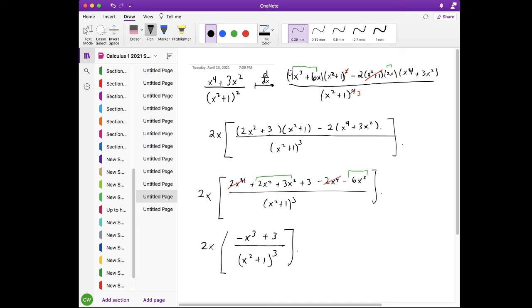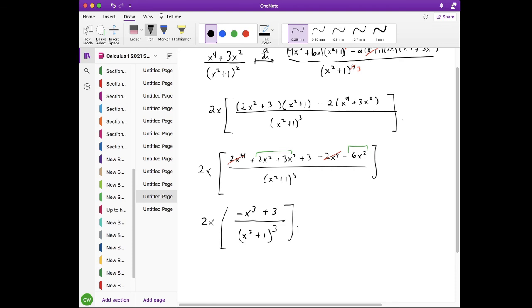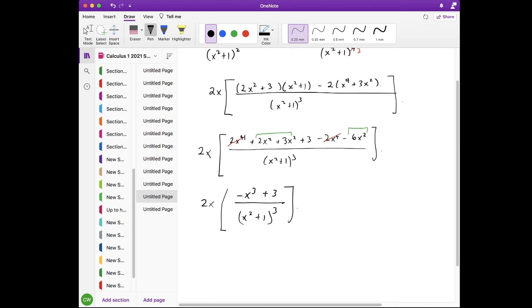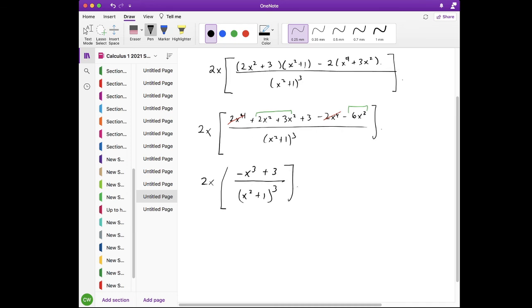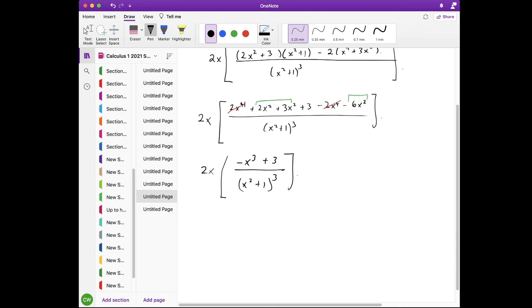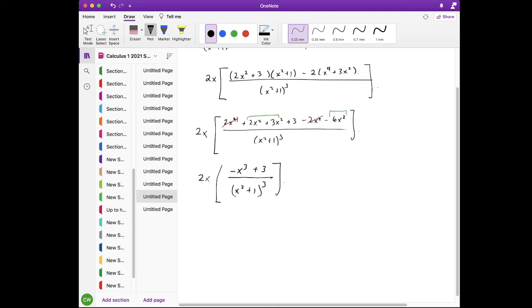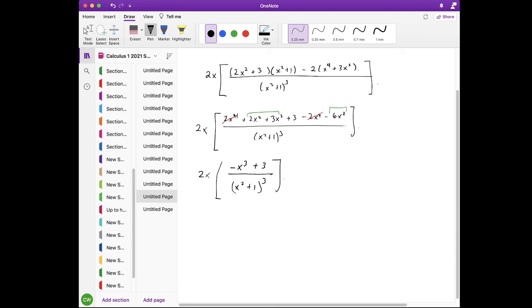Okay, any disputes on my distribution? All right. So what do we do for the second derivative? We're trying to find the concavity. So what are the points that we're looking at?